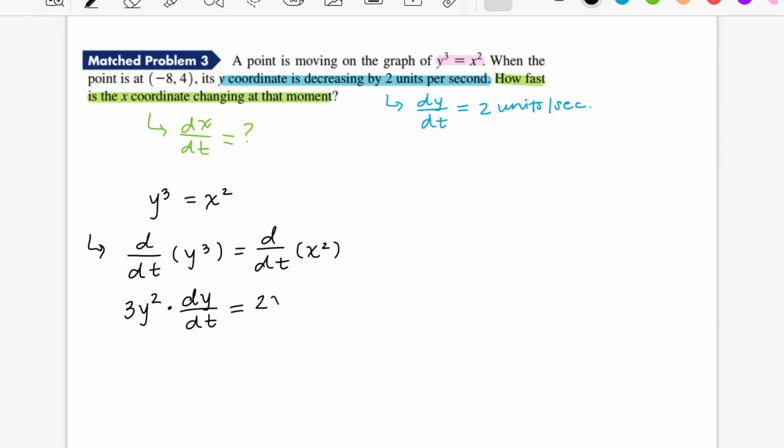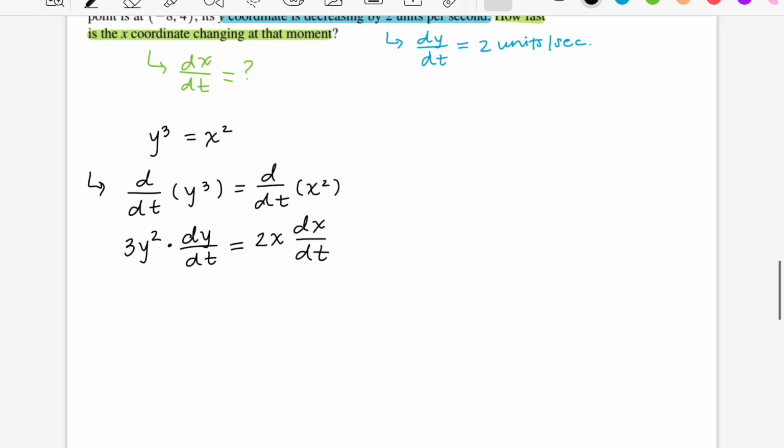And doing the same thing on this side. Then solving for dx/dt, just divide by 2, so we get 3y squared times dy/dt over 2x.